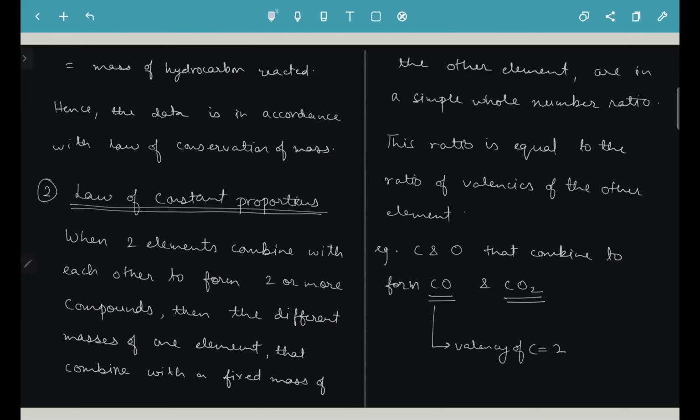This is combining with only one oxygen. Oxygen is divalent, so the carbon will also be divalent. In carbon dioxide, the valency of carbon is 4. The ratio of valencies is 2:4, which is equal to 1:2. So we have found the ratio of valencies. Now I will explain the law on the next page. Is this clear to everyone?